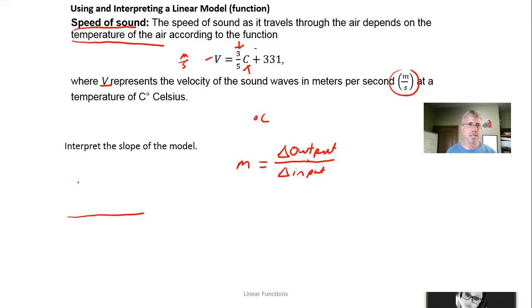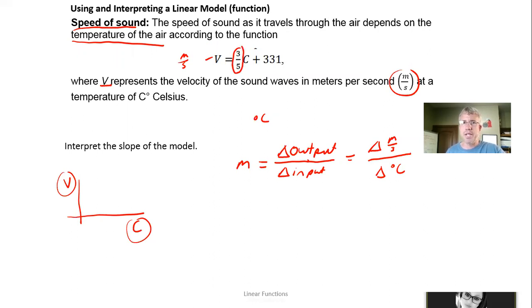So this has a Celsius axis and a velocity axis. Here's my rise, here's my run. So I know that it was calculated by doing a change in, what are my outputs? Meters per second. And my run was change in degrees Celsius. So when I look at this number right here, it has units on it.